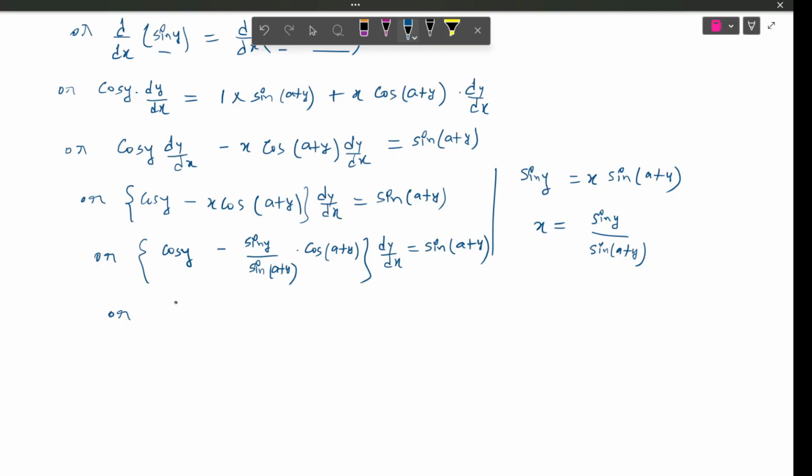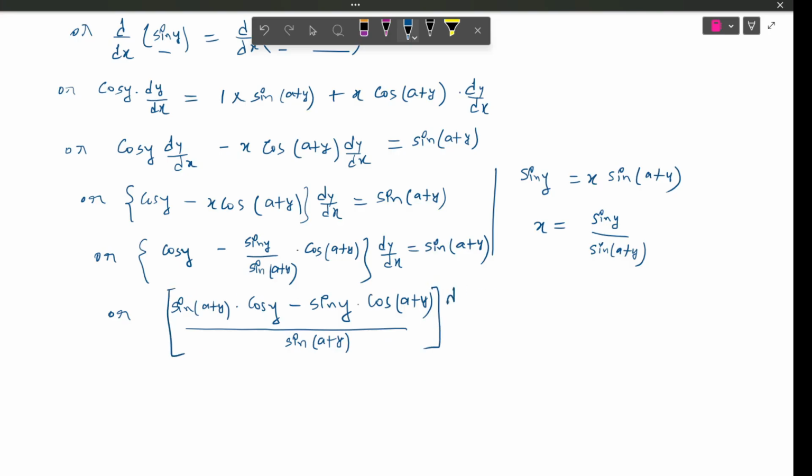Doing LCM, this would be sin of a plus y into cos y minus sin of y into cos of a plus y divided by sine of a plus y, this is in the bracket, dy by dx equals to sine of a plus y.